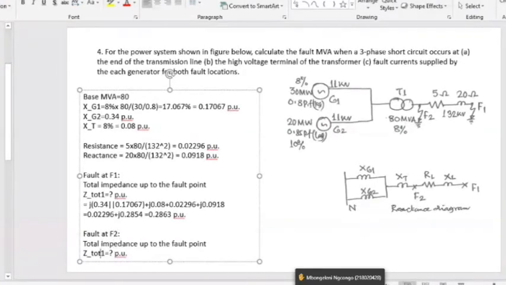The total impedance up to the fault point will be Z total 2. The reactances up to the fault point are only the generator reactance in series with the transformer. So we can just copy it from there.